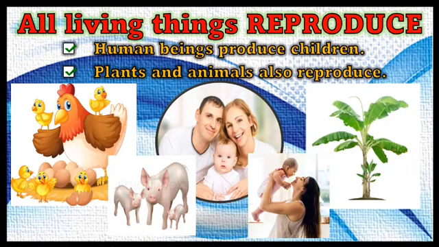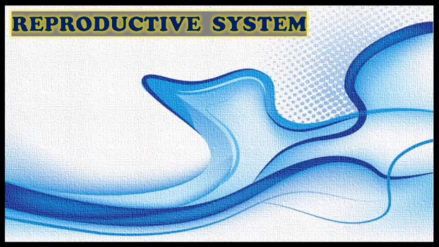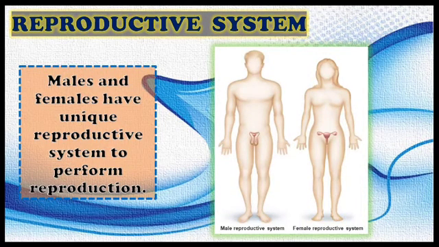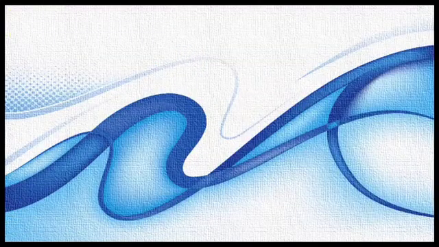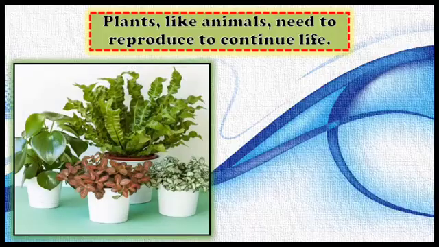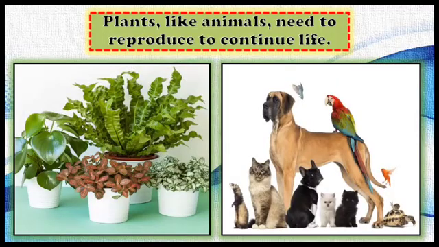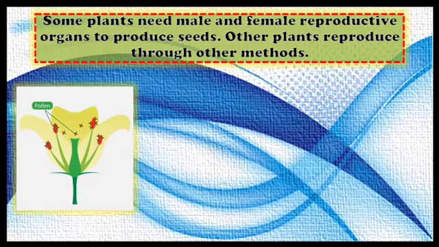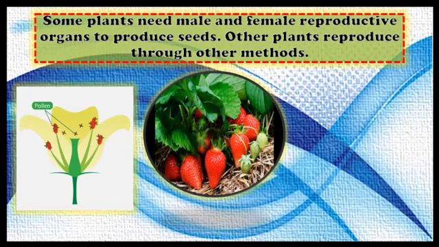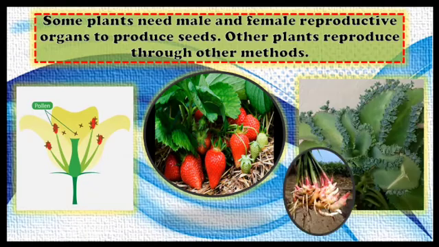The part of the body that is responsible for producing offspring or children is what you call the reproductive system. Males and females have unique reproductive systems to perform reproduction. Plants, like animals, need to reproduce to continue life. Some plants need male and female reproductive organs to produce seeds. Other plants reproduce through other methods.